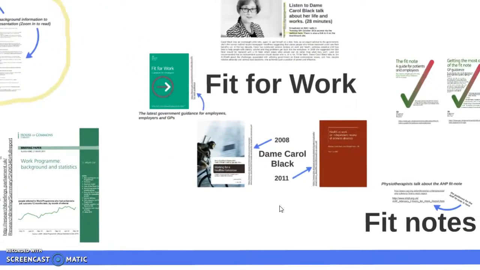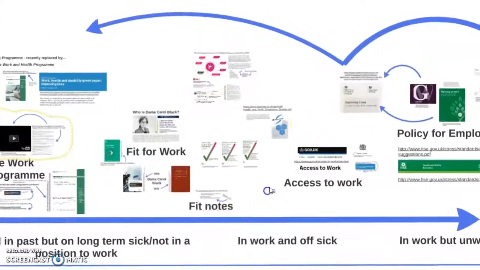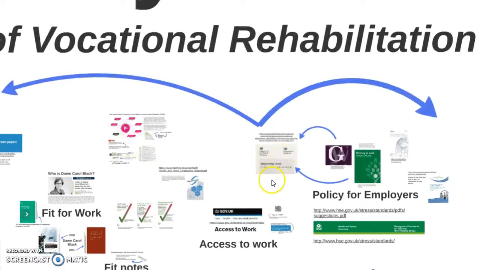And it forms a lot of the backdrop of the content that we teach in this module. So I really want you to have a look at these documents, but what you'll probably see when you look at the Improving Lives document is that it reflects quite a lot of what was written here. Actually, it's just 10 years on.